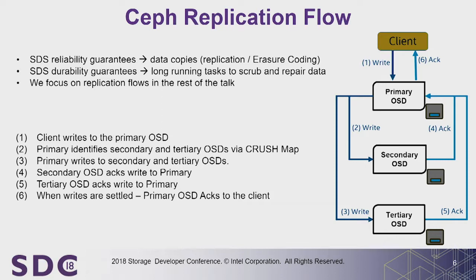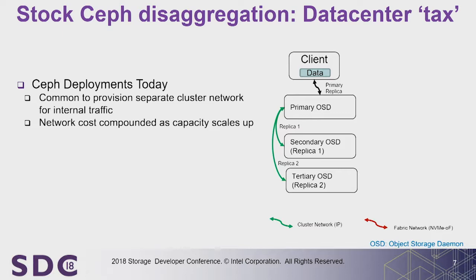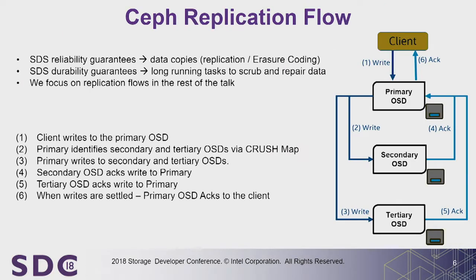Now, this is where I'm going to show you where what we refer to as data center tax comes from. Recall from the earlier slide, Ceph deployments today commonly provision a separate cluster network for internal traffic, particularly because of the replication traffic between the OSDs.